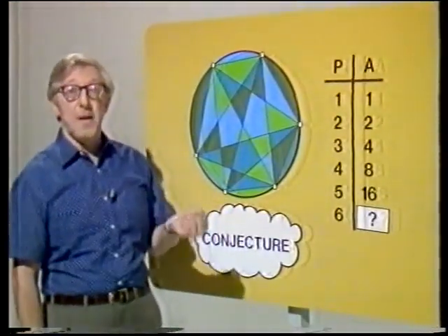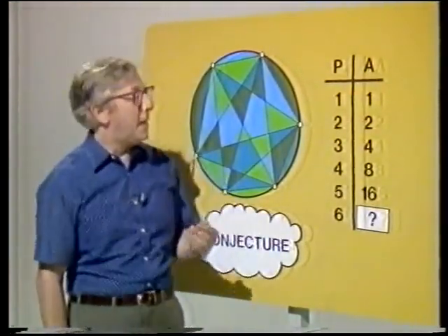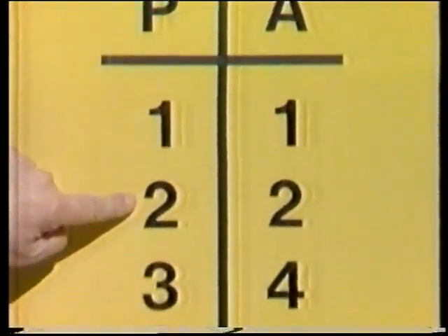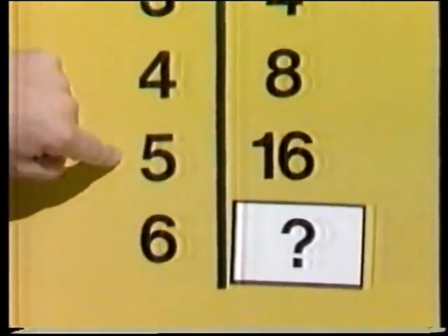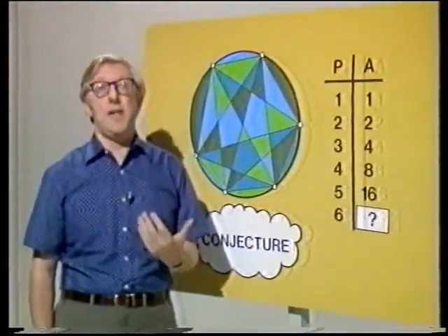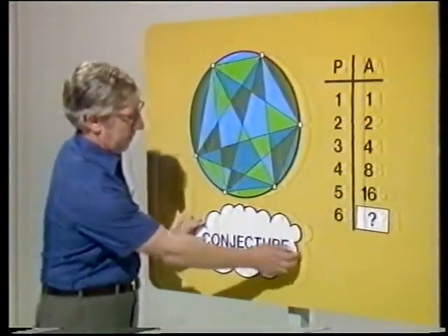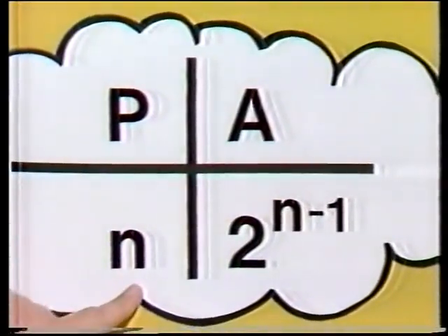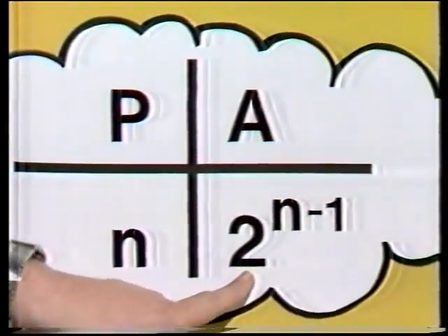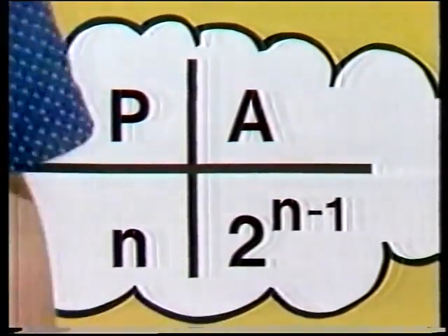Well, I think that the pattern that is beginning to emerge is that we're going up in powers of 2. So, it seems reasonable that our conjecture is, for n points, we're going to get 2 to the n minus 1 areas.